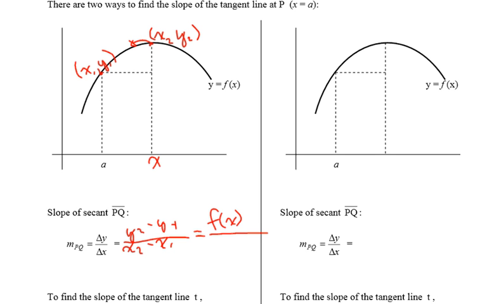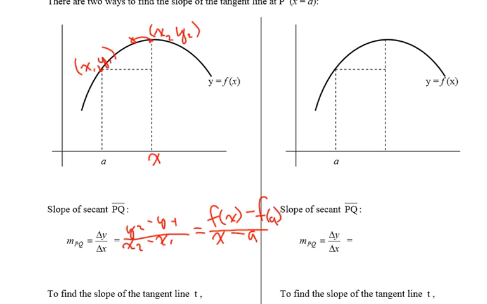We have a here, so what is our corresponding f of a? Exactly. So we have f of x minus f of a, over what is our value for x for this point? X. And the other point? A. So we've got f of x minus f of a over x minus a.